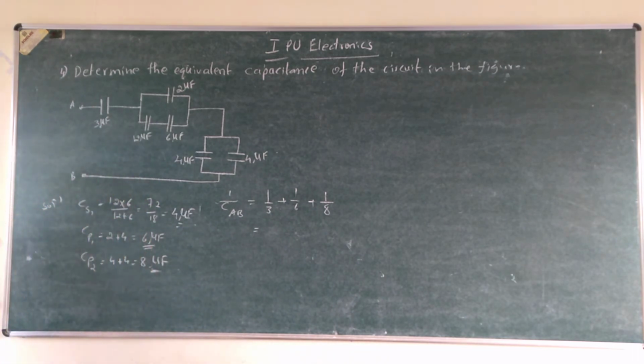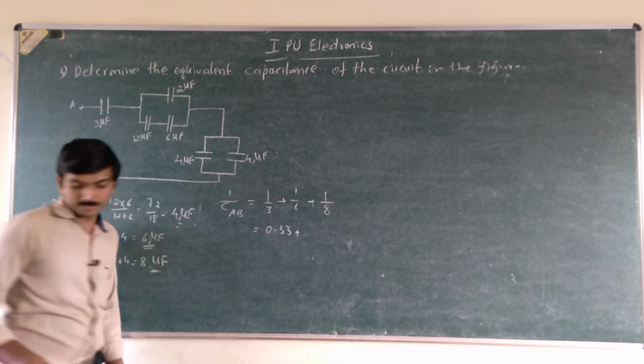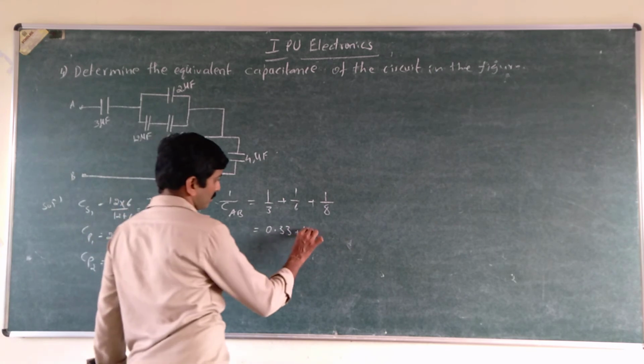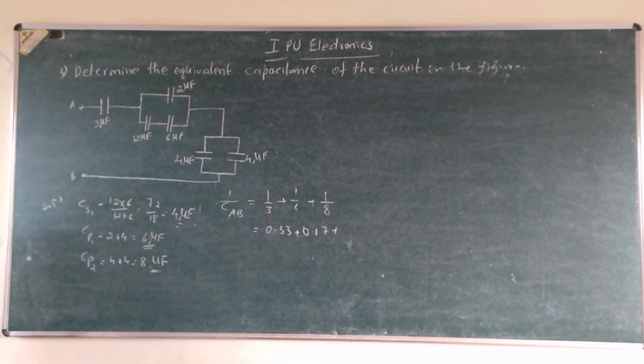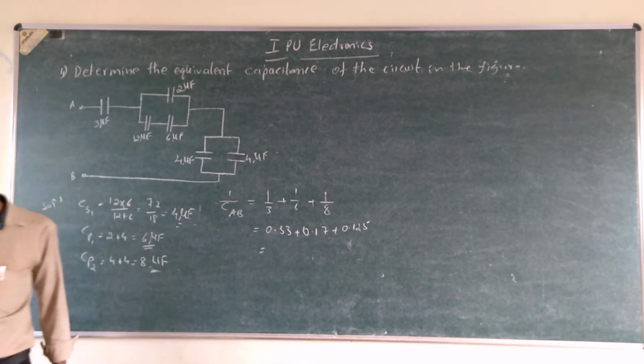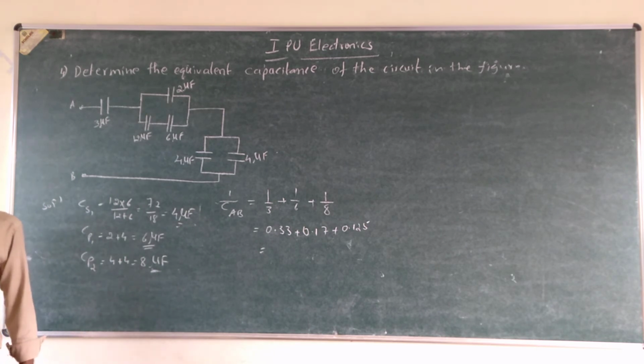So 1 by 3 is 0.33, plus 1 by 6 is 0.17, plus 1 by 8 is 0.125. Adding 0.125 plus 0.17 plus 0.33 gives 0.625.